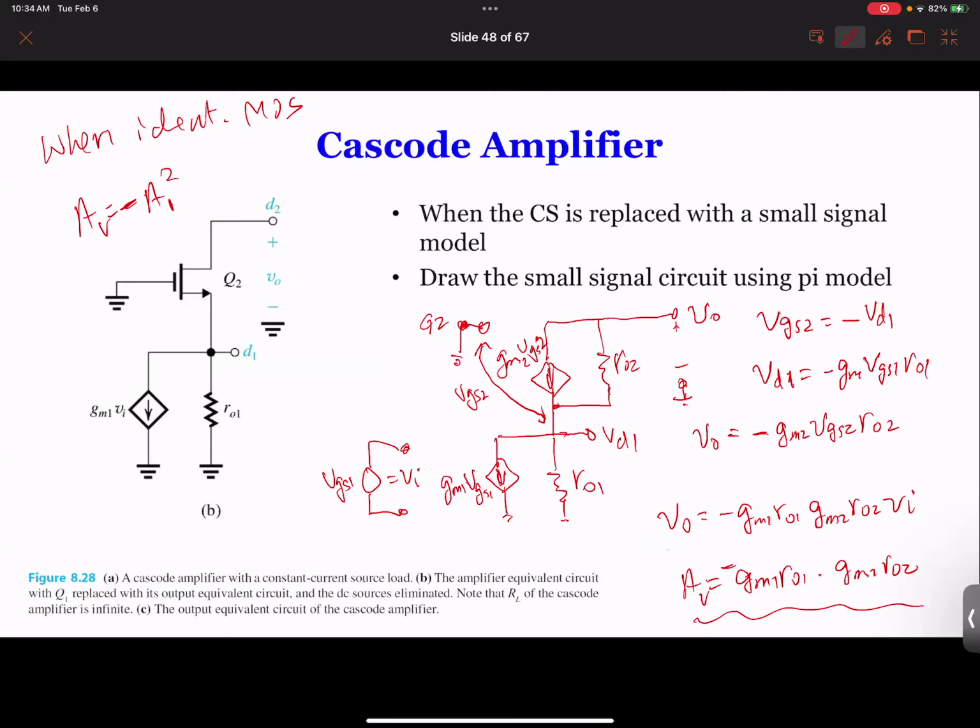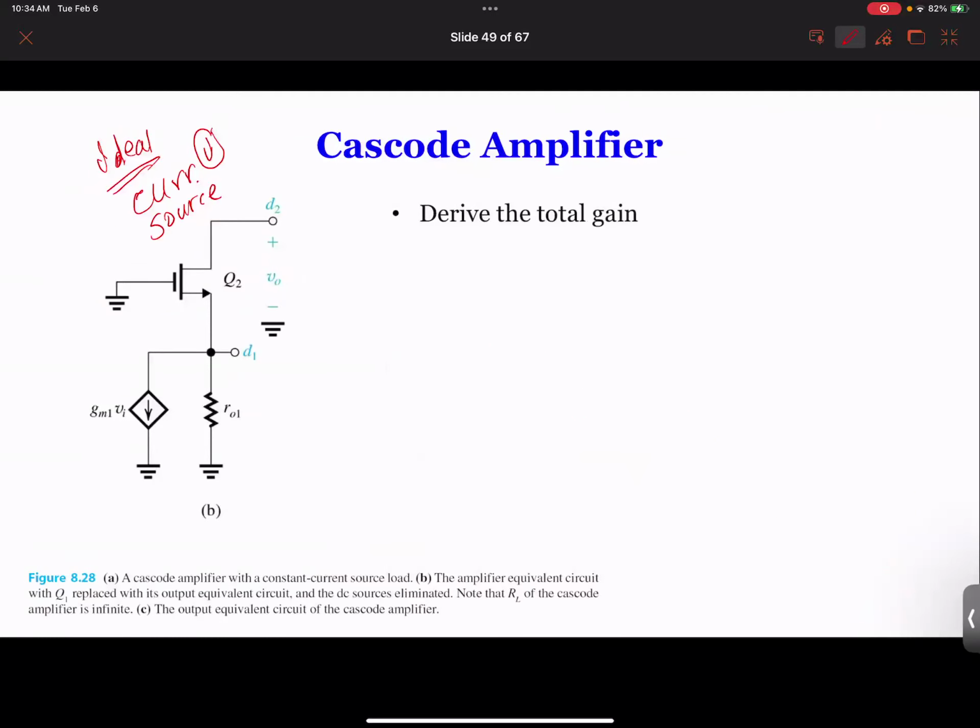So basically, I'm going to rewrite the equation on this page. AV is equal to minus GM1 RO1 GM2 RO2. So VO is going to be AV times VI.